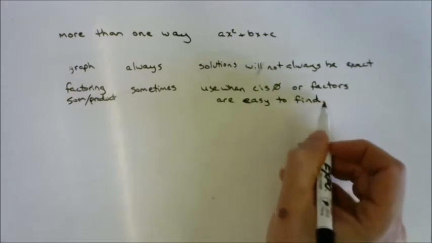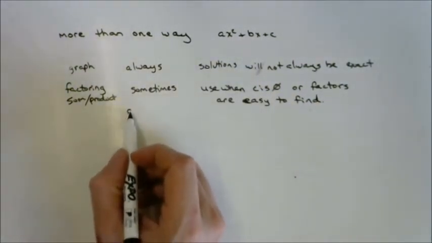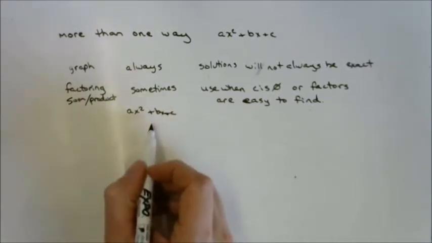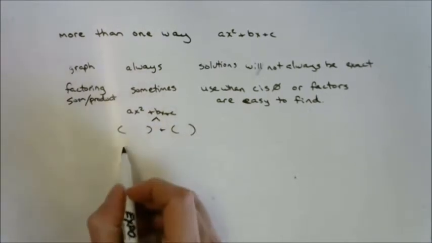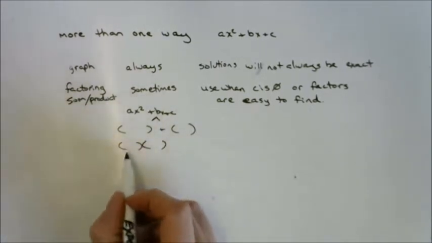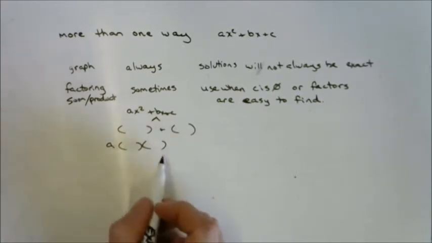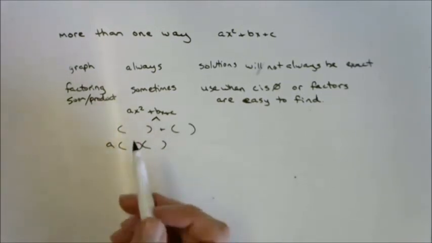I mean, that might not sound so easy, but when you get something in the form ax squared plus bx plus c, and you can split the middle term using sum and product, and you can factor by grouping, and you end up with 2 binomial factors, or maybe even a third factor out here, if you can do that easily enough, then use factoring by hand.